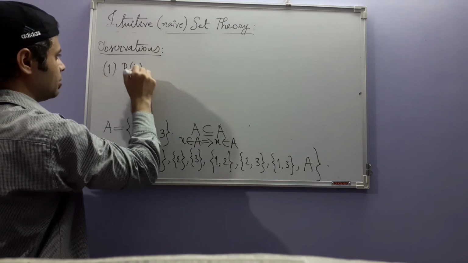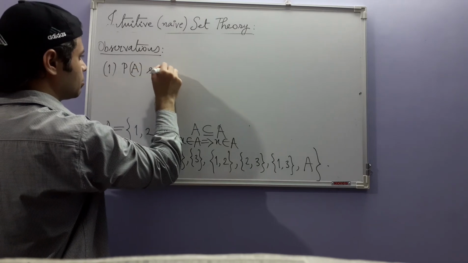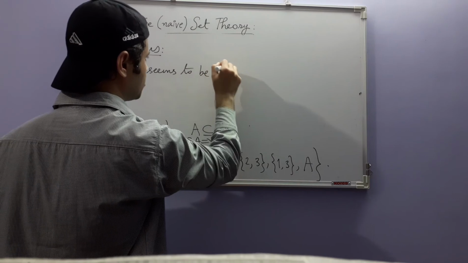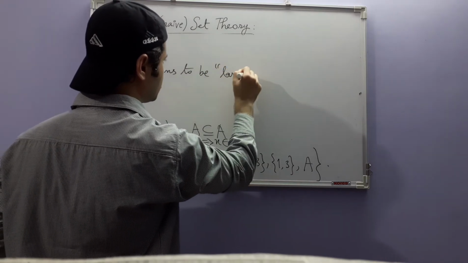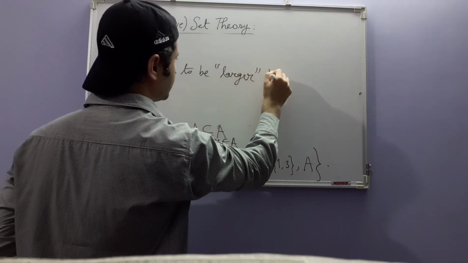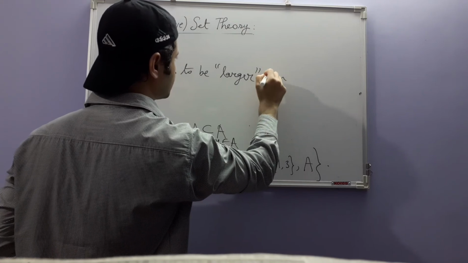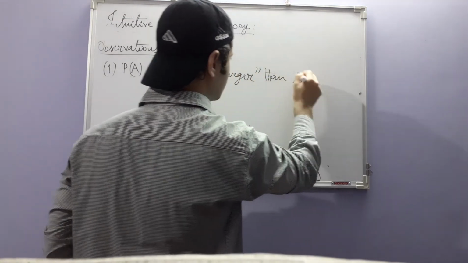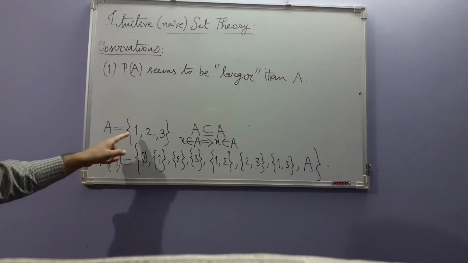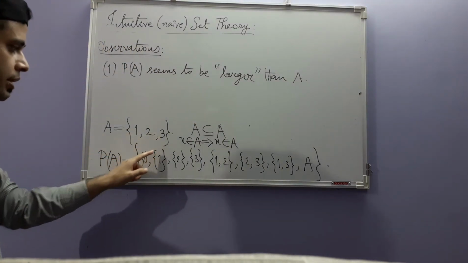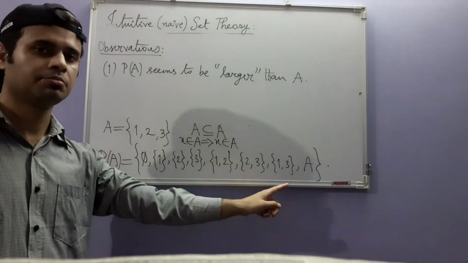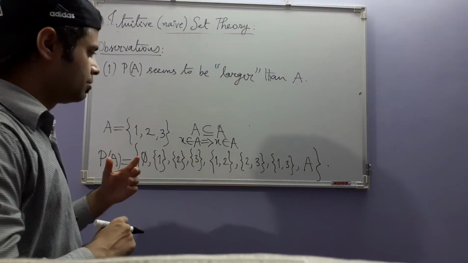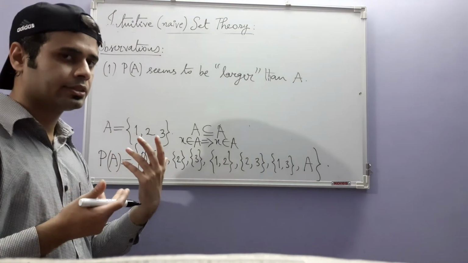P(A) seems to be larger than A. You see here A has only 3 elements, but P(A) has many more elements. So P(A) seems to be larger than this.